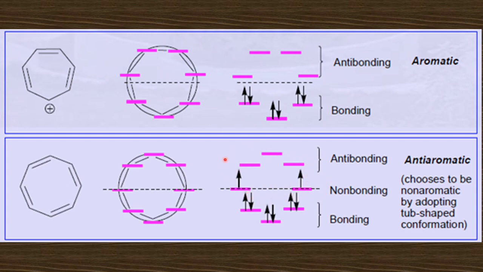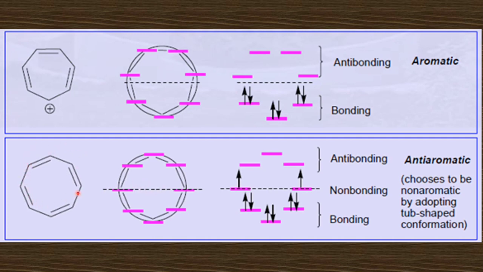So the presence of 2 unpaired electrons should make this system behave as a diradical, an extraordinarily unstable, extraordinarily reactive, anti-aromatic species. So we expect this system to be anti-aromatic, but we find this molecule being non-aromatic because this molecule is non-planar.